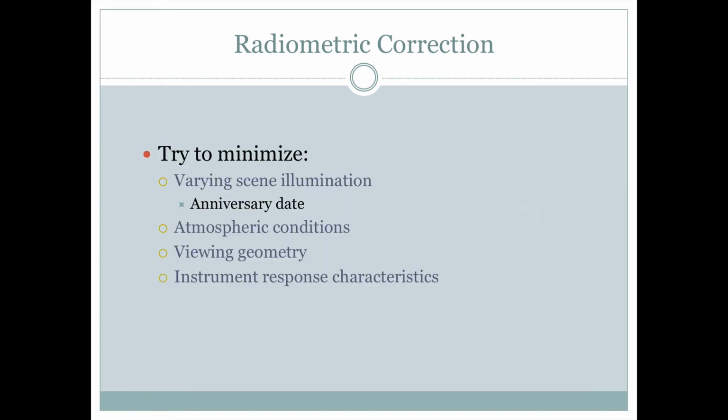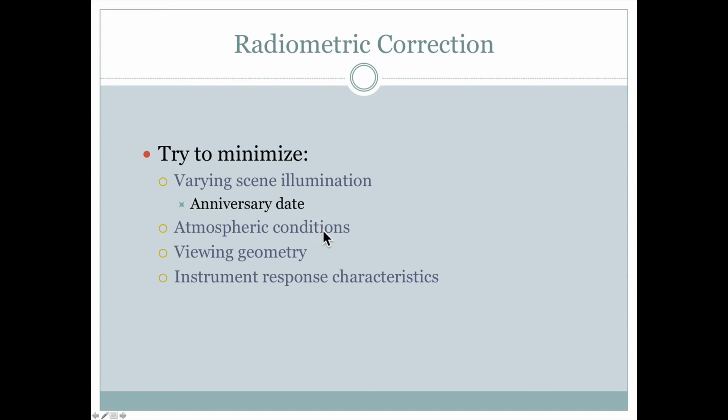If we're trying to do radiometric correction for imagery that was collected at different times, then what we're basically trying to do is minimize all of these sorts of things. We're trying to minimize the variation in the illumination of the scene, and one of the best ways to do that is to look at imagery that was collected on the same date of different years, and we sometimes call that the anniversary date.